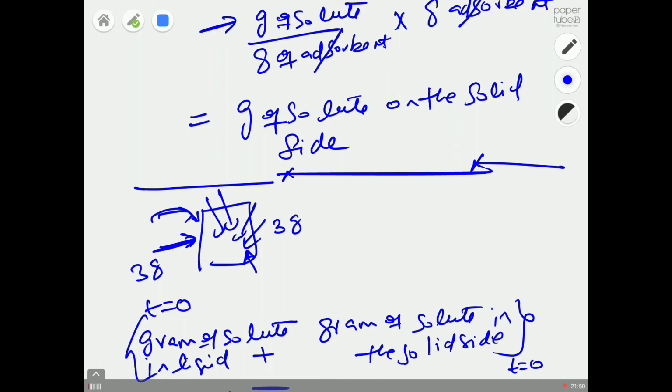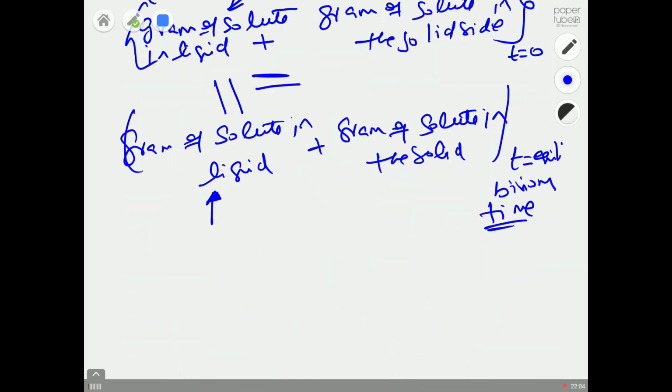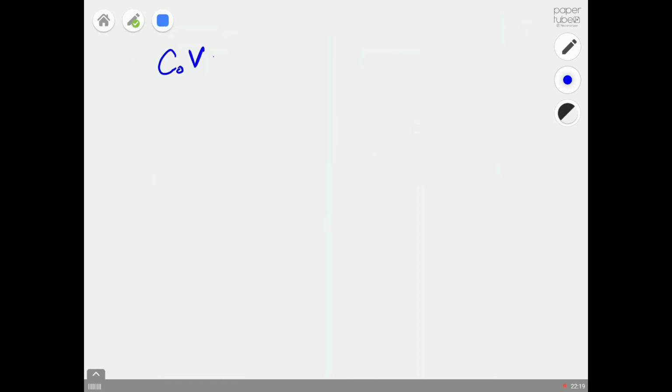Grams of solute in the liquid is C0 multiplied by V. Grams of solute in the solid side at time t equal to 0 is Q0 multiplied by M. Grams of solute in the liquid at equilibrium is CE multiplied by V. And grams of solute in the solid side at equilibrium is QE multiplied by M. So let's write it: C0V plus Q0M should be equal to CEV plus QEM.